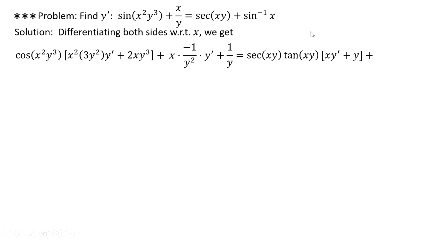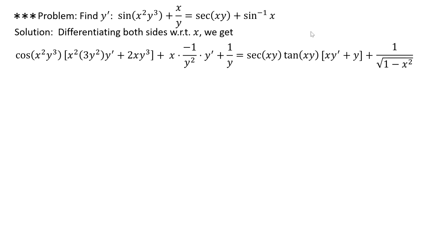Plus sine inverse of x. The derivative of sine inverse of x is 1 over the square root of 1 minus x squared. Now, this is a good time to tell you that you really have to have all the derivatives memorized. It's absolutely essential that you do.